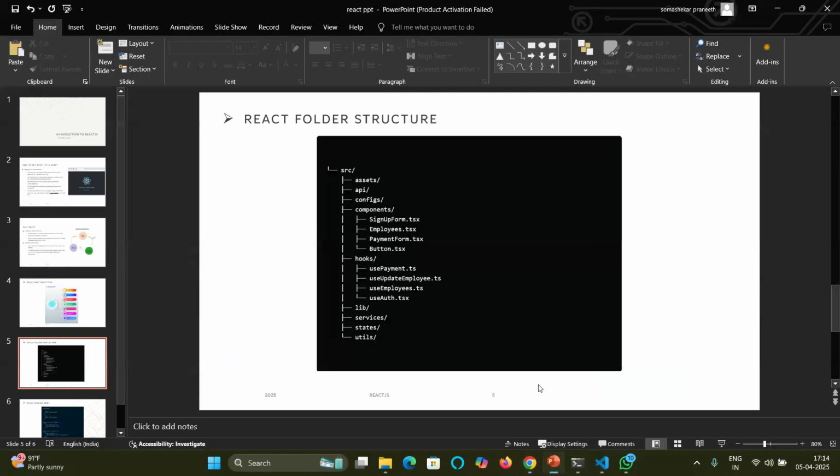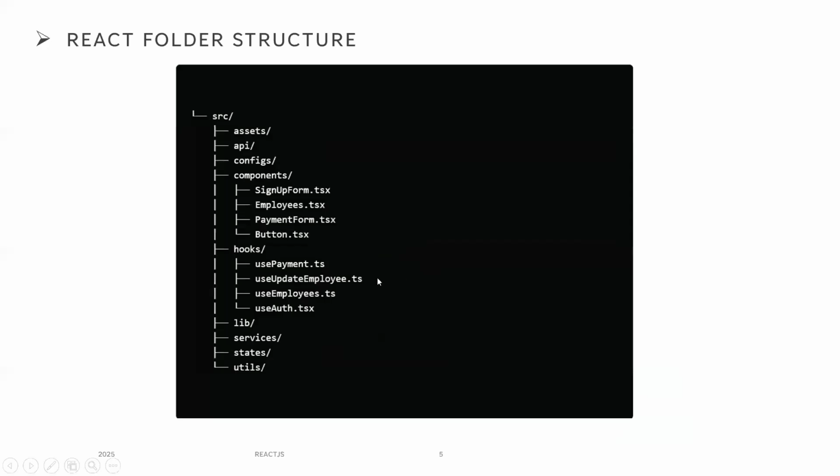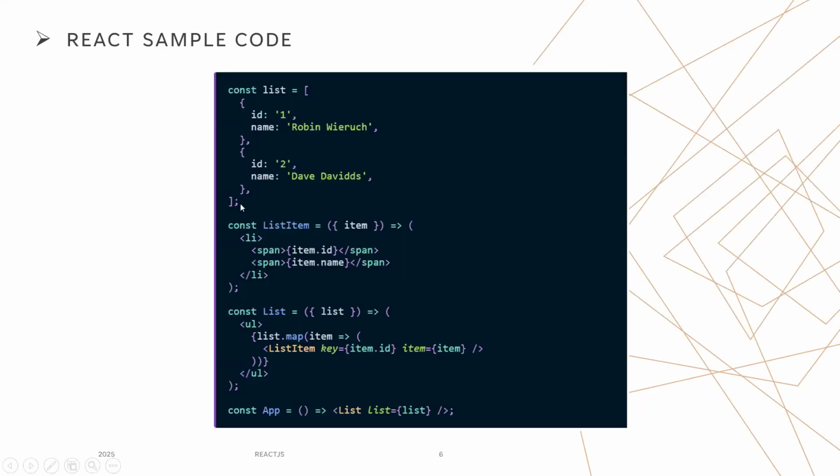So now you understand how the front end is. Here I have one list. Let's say here I have the list. A list is nothing but an array. In this array, it is having two objects. The objects have a key and value.